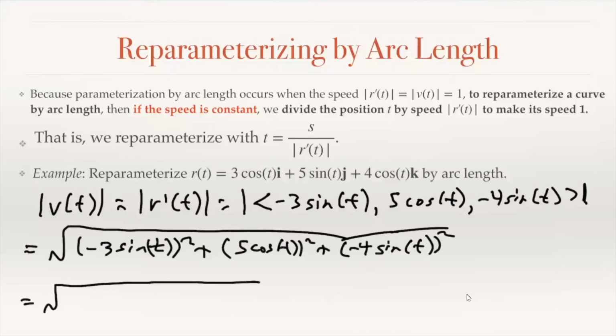Now, minus 3 squared is 9, minus 4 squared is 16, and we gather together the sine squared terms. So we have 9 plus 16 is 25 sine squared t, and here we have a 5 squared, we have a 25 cosine squared t.